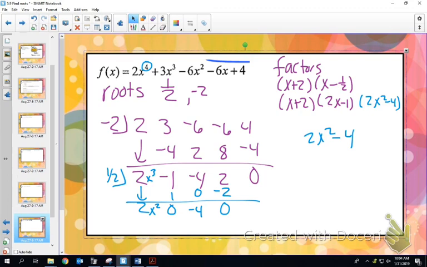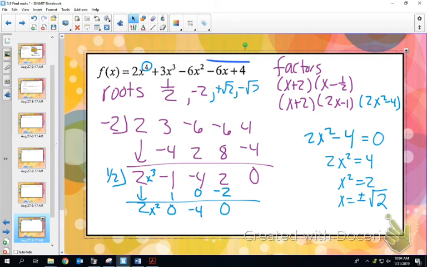But now we need to solve it to get those other two roots and see what that ugly decimal actually is. So set this equal to 0. So 2x squared equals 4. X squared equals 2. So x is equal to plus or minus the square root of 2. So those are your other two answers. Okay, so again, my roots are 1/2, -2, positive root 2, and negative root 2.